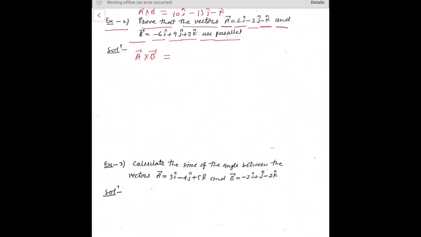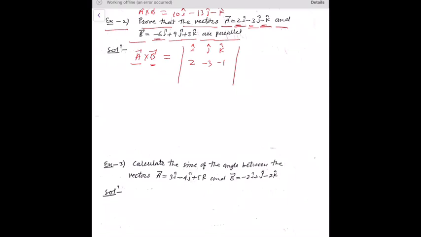So A vector cross B vector, first you write in the determinant form. So I cap, j cap, k cap. Here A vector, so write Ax. Ax is 2, Ay is minus 3, and Az is minus 1.